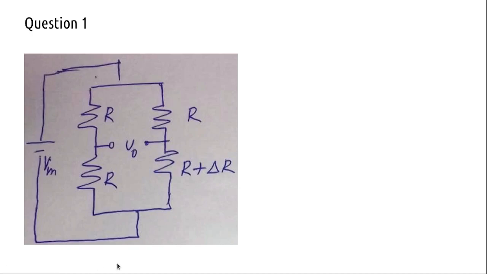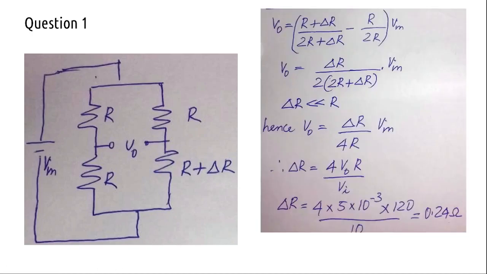Okay. So we get an expression like this. Now the thing here is that we'll make an assumption. Compared to R, delta R will be very small.